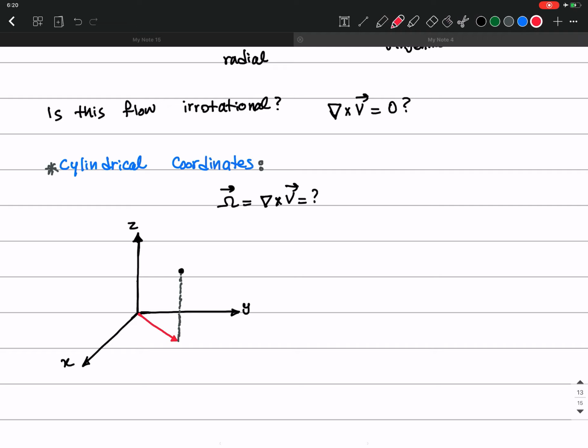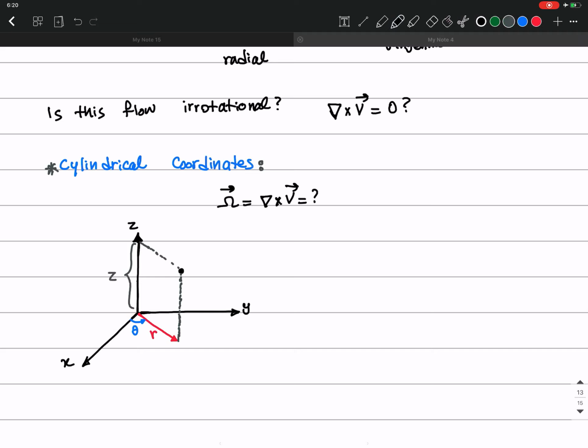We call this component r, or the radius, and then we call this angle theta, and this distance is just z.